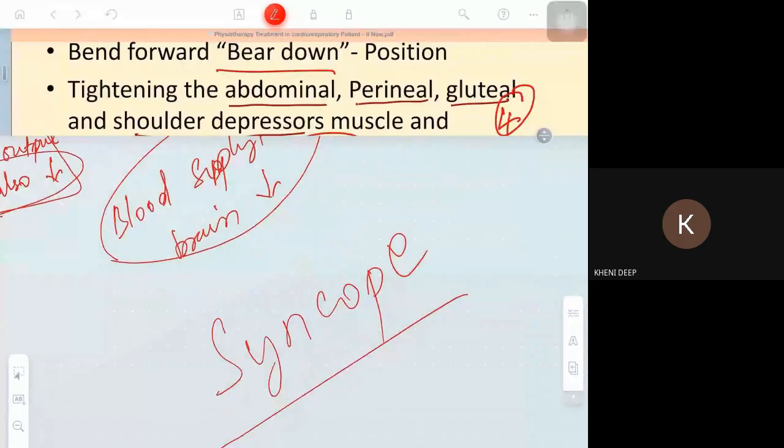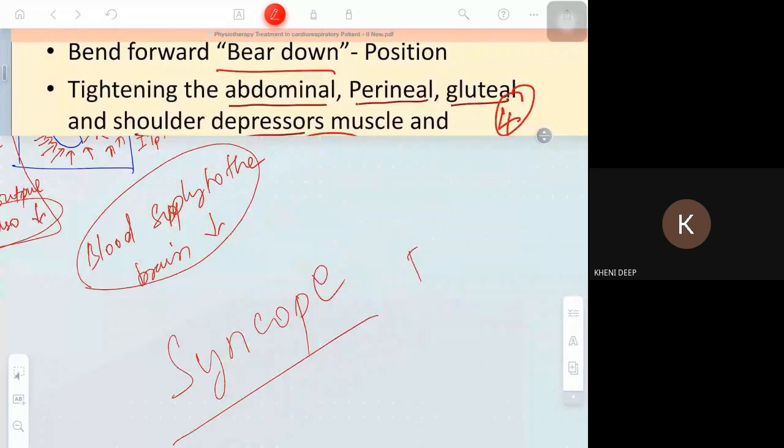The patient will faint because of lack of oxygen to the brain. Why is there lack of oxygen? Because blood supply is reduced.